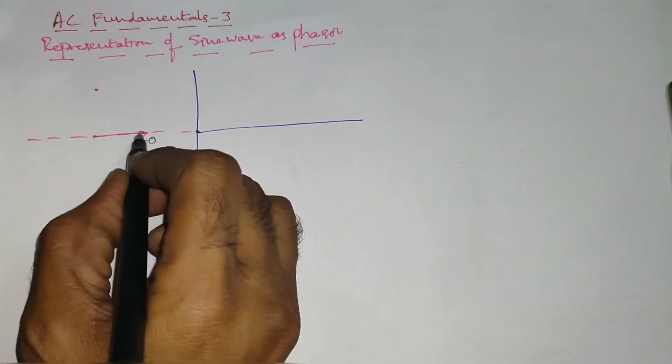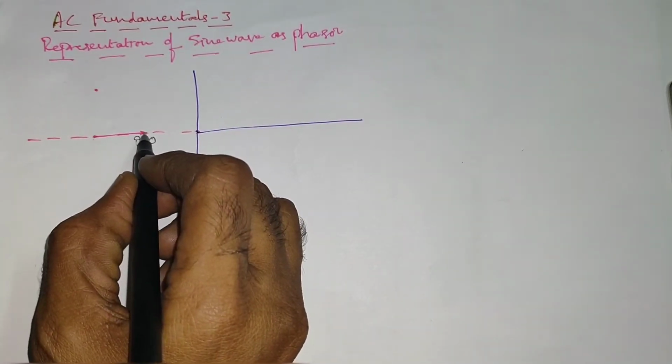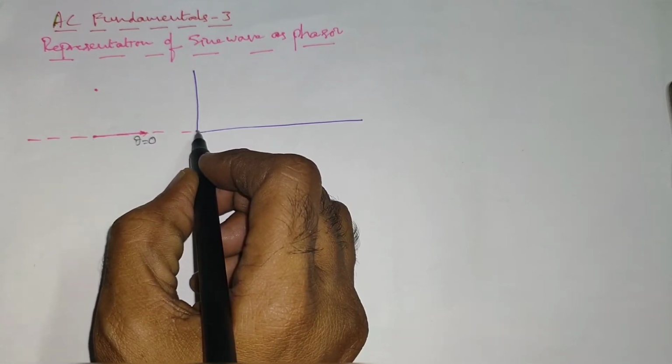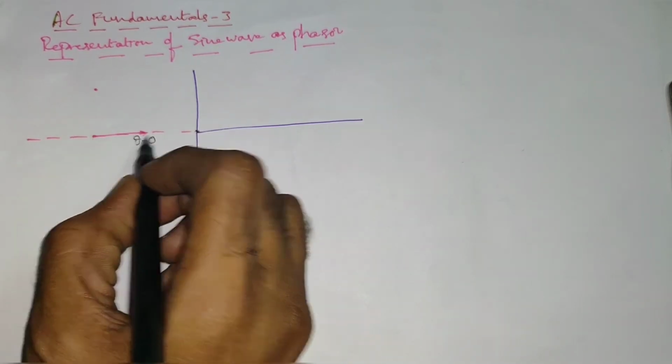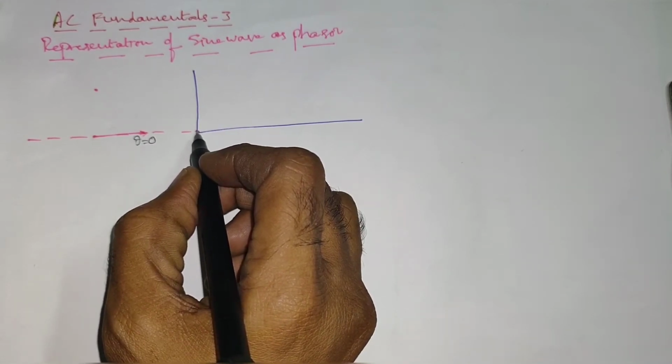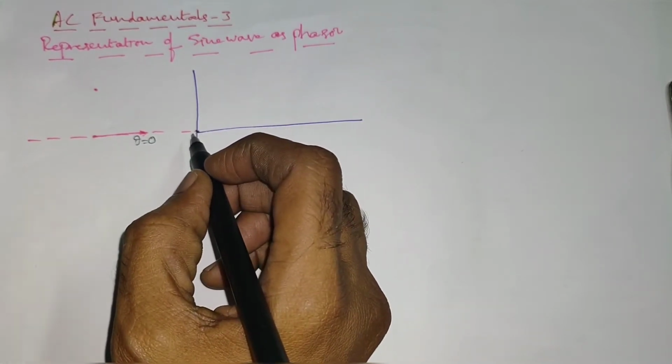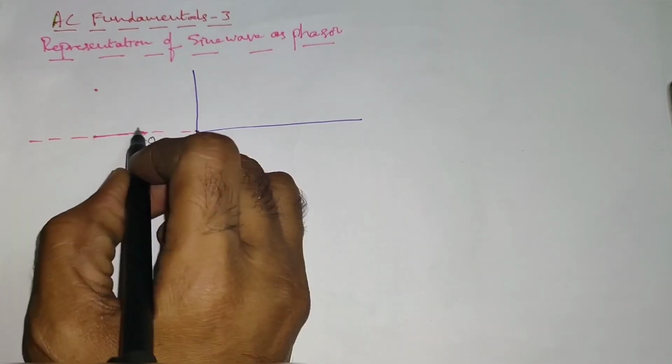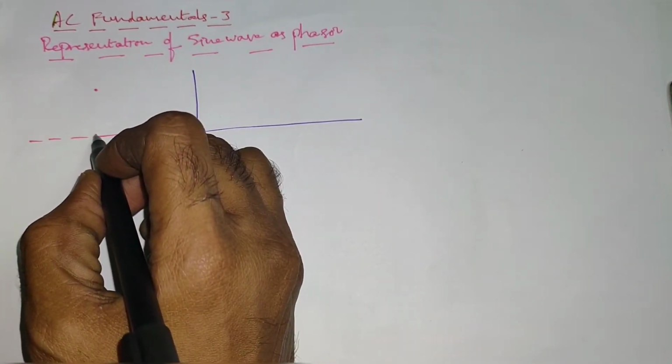The component of this vector along the y-axis will be equal to 0 because theta is equal to 0. Hence, the waveform starts from origin.